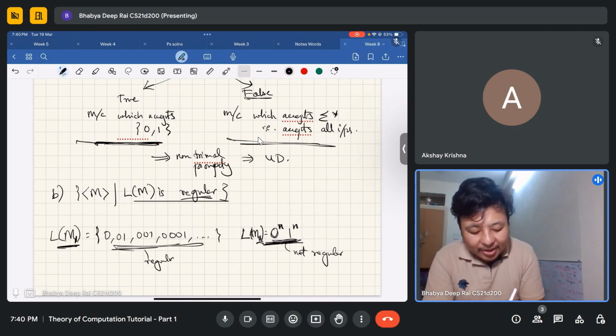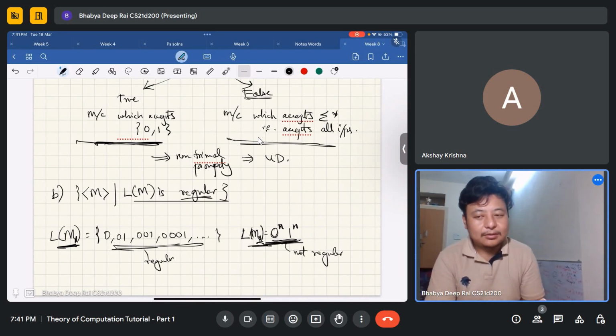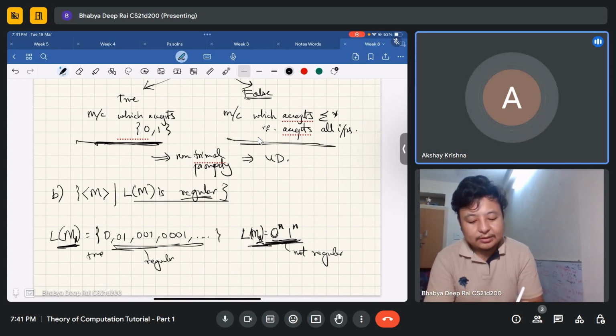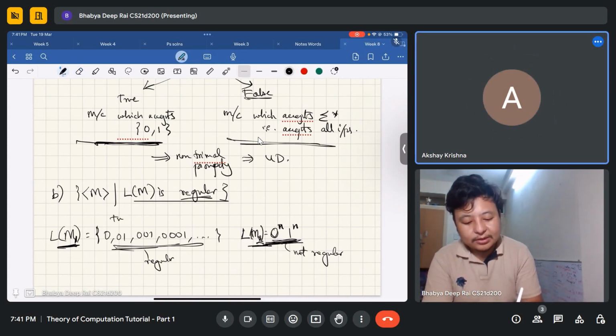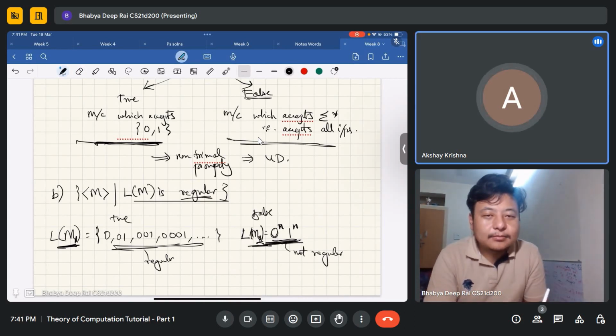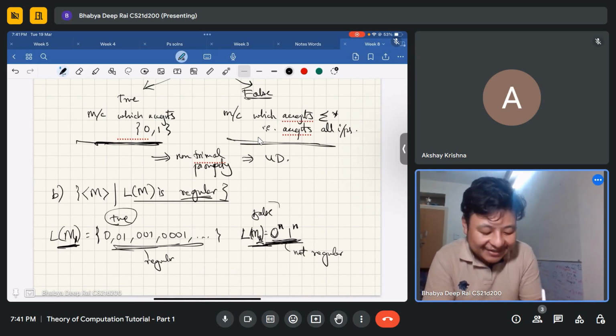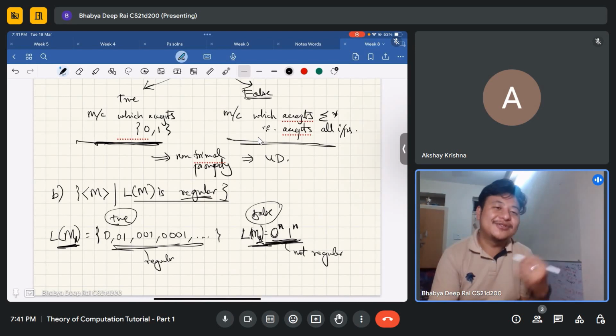So for M1 it is true, for M2 it is false. So what does it mean? Is the property trivial or non-trivial? Trivial, I think so. This is true, this is false. I think it might be trivial. No, but clearly the definition of non-trivial is that there is an example of a true, there is an example of a false. It's not always true.